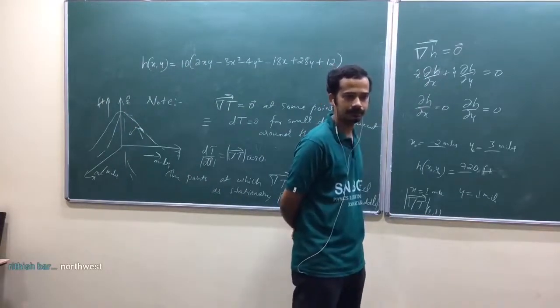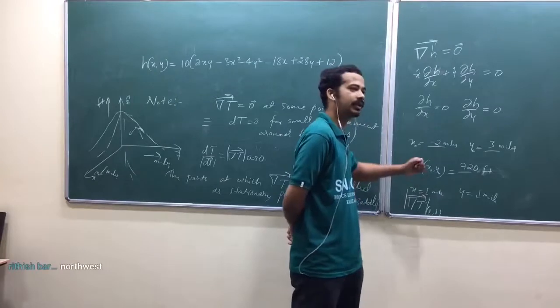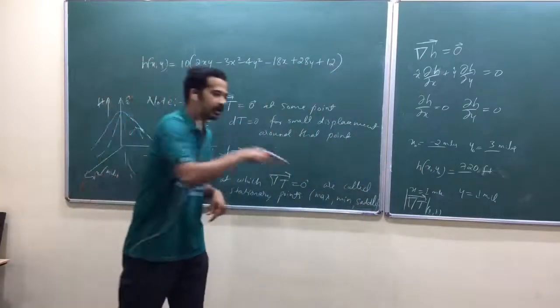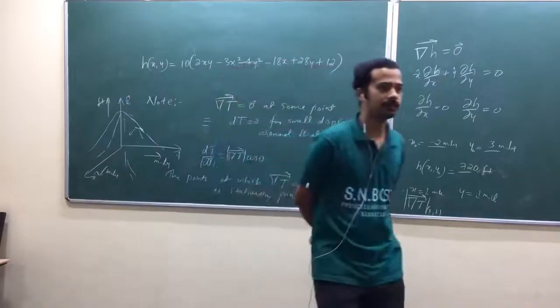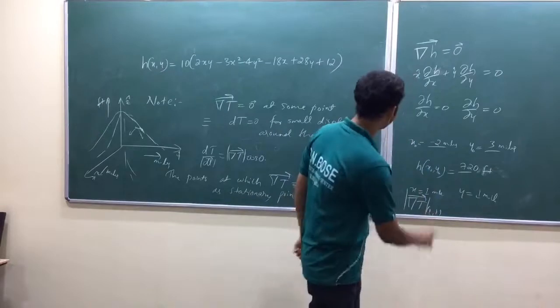What has he taken in the answer? That's a gradient direction, isn't it? From any point, in the gradient direction, slope will be steepest, because in that direction the change in height is the maximum.